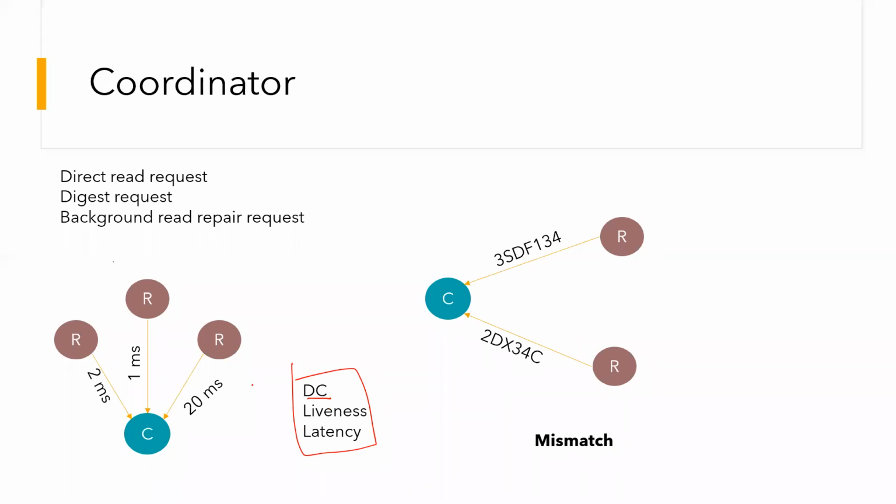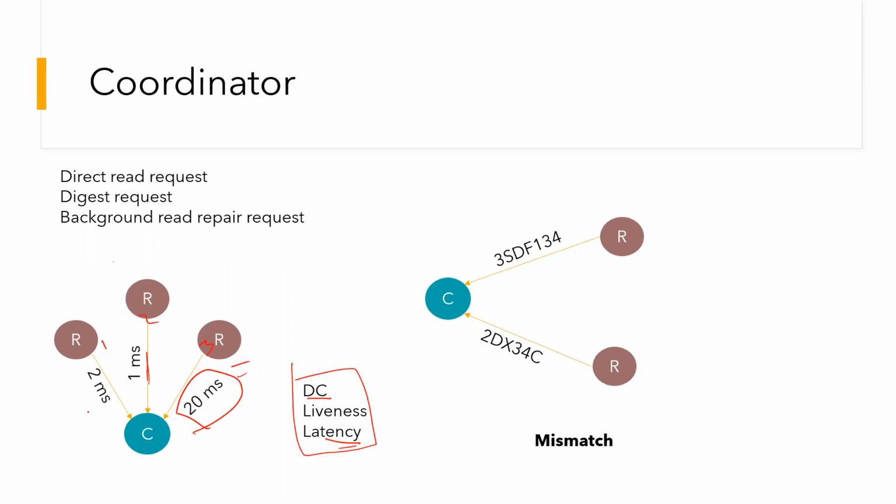Also, it will be aware of the node liveness and the amount of latency between the nodes. So if you see, this is 1, 2, 3. We're talking about a latency of 20 on one of the nodes and 2 and 1 milliseconds on the other two nodes.